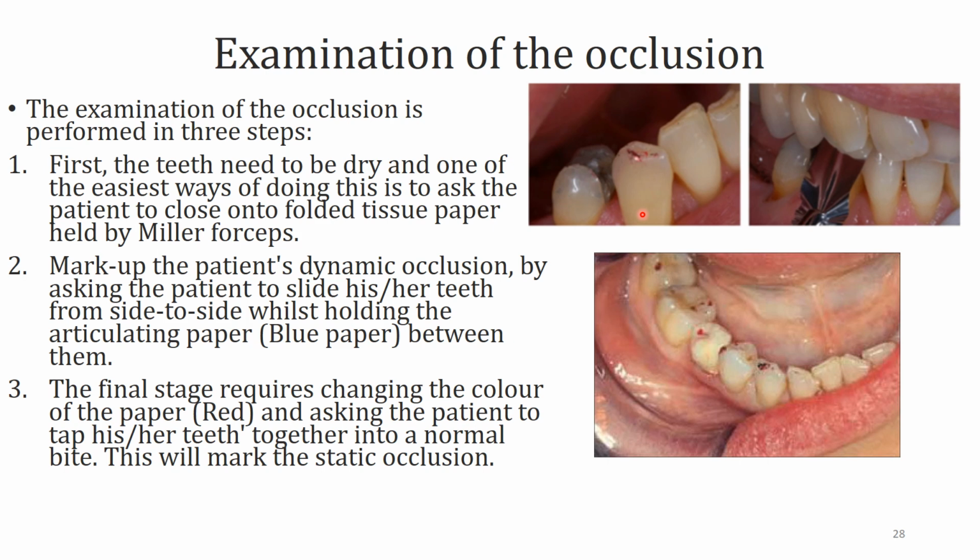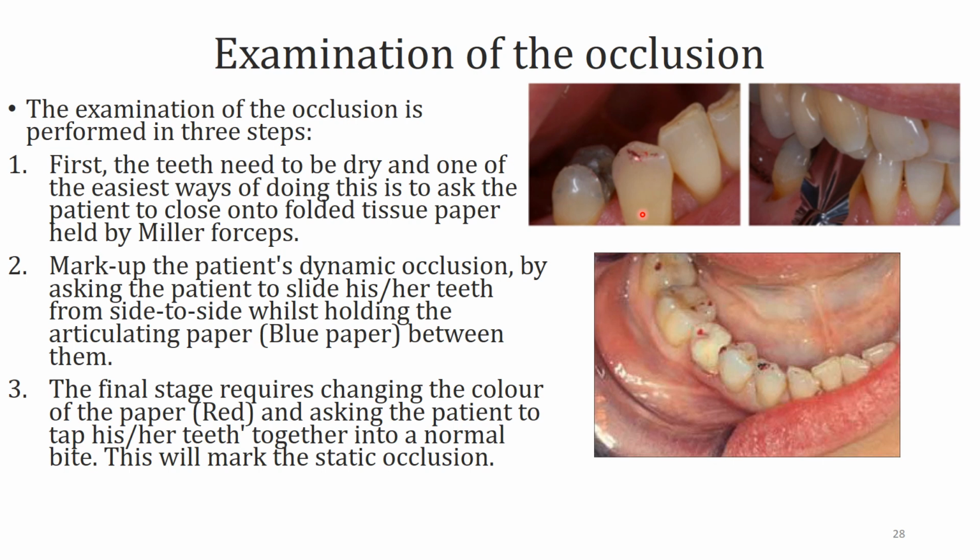We put the articulating paper on both sides, one by one, and tell the patient to do lateral movements, protrusive movements, grinding, chewing, and swallowing. When the patient does lateral or side to side movements, you will see a blue mark on the teeth. That is the dynamic occlusion, which will be marked.